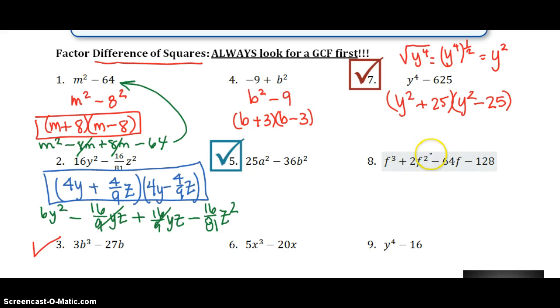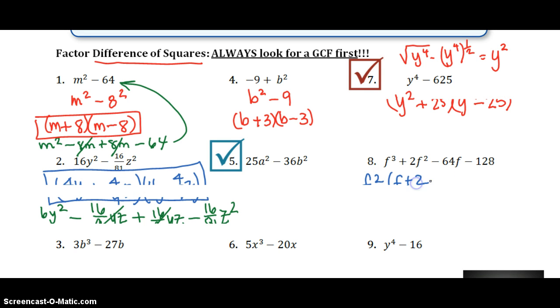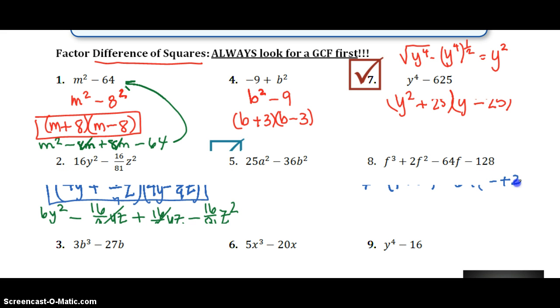Now, number 8 does not look like the other problems. So if you refer back to our step-by-step factoring sheet, whenever there's 4 terms, I'm going to try to regroup. So in the first half, I see an f squared that I can take out. So that leaves me with f squared times f plus 2. And then out of negative 64 and negative 128, I can take out a negative 64, which leaves me with f plus 2.